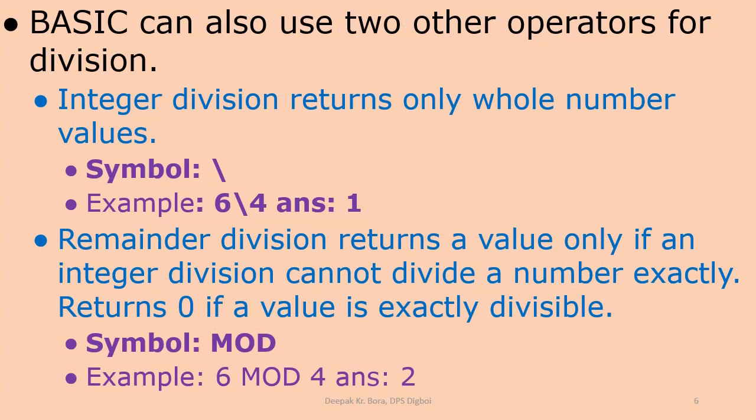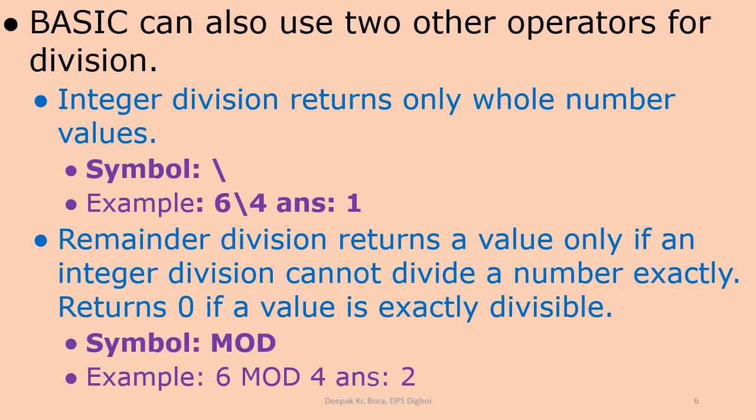One is the integer division. It returns only the whole number value. The symbol is the backslash. Now, if I do 6 integer division 4, I'll get the answer 1. Similarly, we have the other operator known as the remainder division, also known as the mod operator. The symbol is mod.